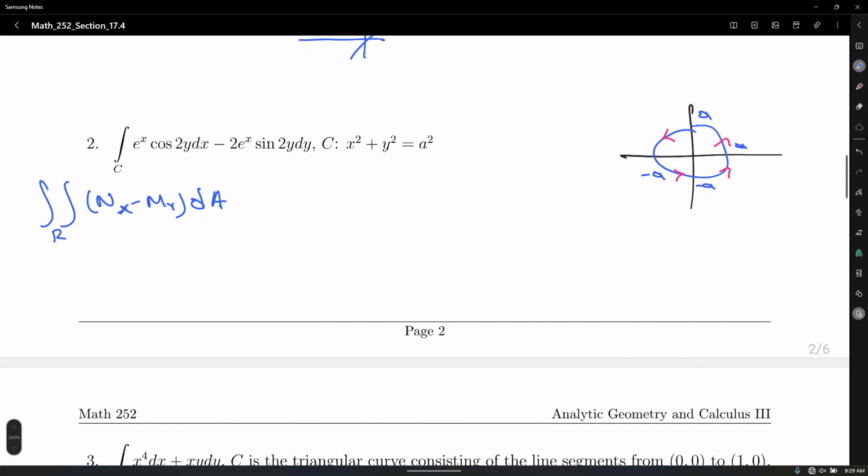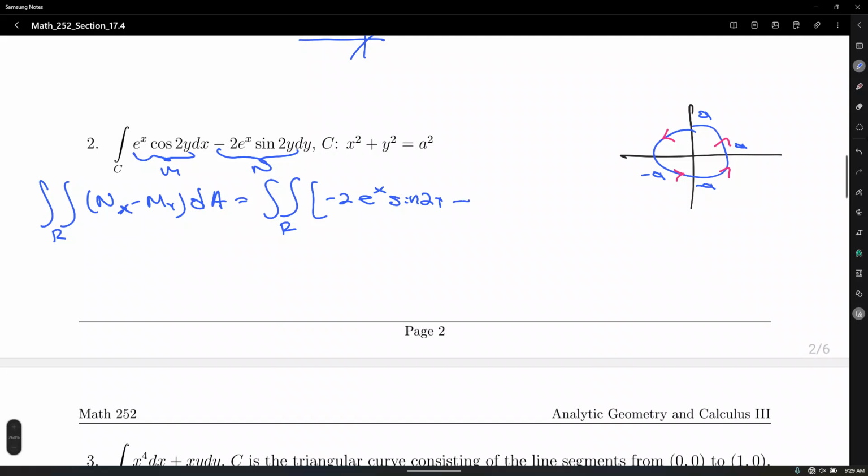All right. So what's the partial of N with respect to x right here? Okay, so that is the double integral. I'm not going to iterate anything yet. You'll see why. So the partial of N with respect to x is e to the x sine 2y times 2.